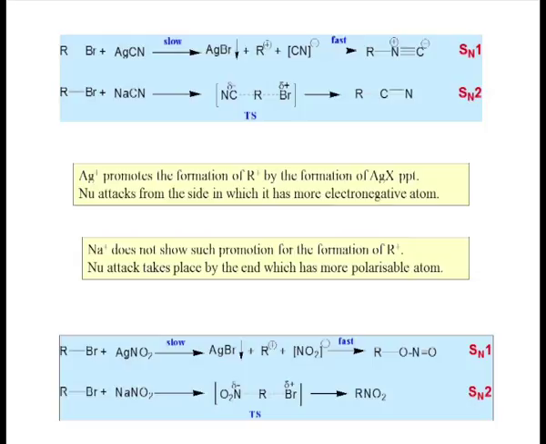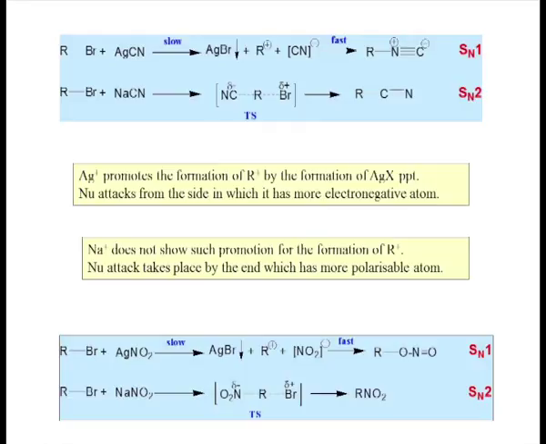We know a reaction which goes through a transition state only is SN2 type, a reaction which goes through an intermediate, that means first transition state, then intermediate, then second transition state, then to the product, we call it an SN1 type. So, why is silver doing that, sodium cannot?